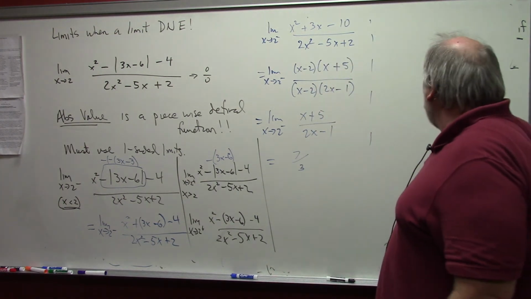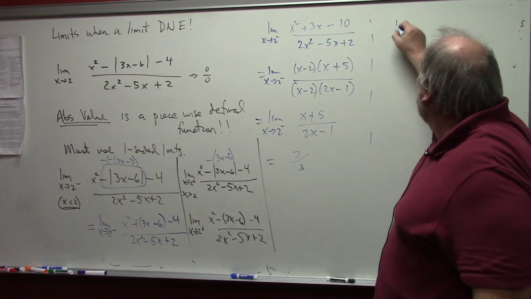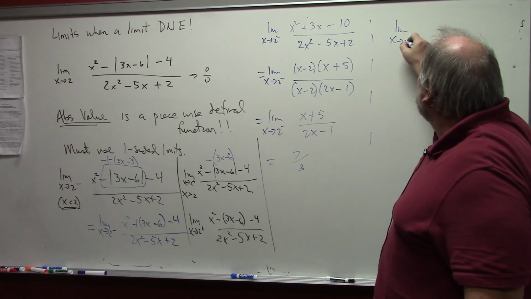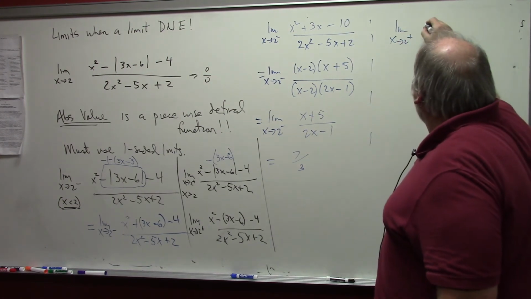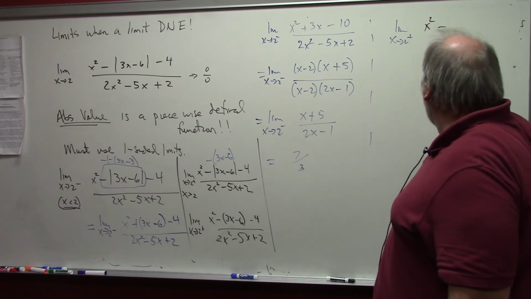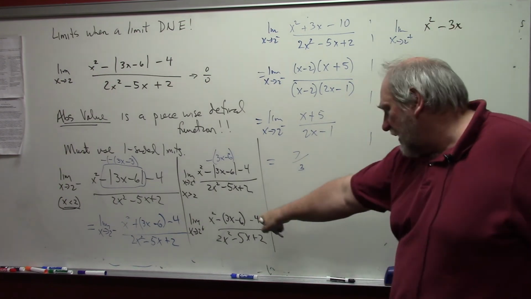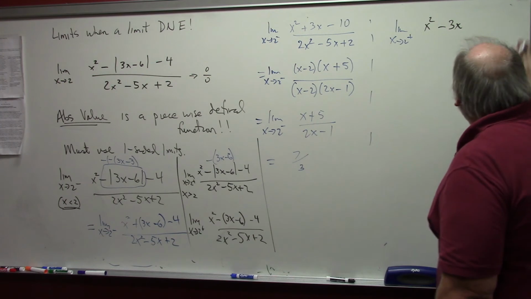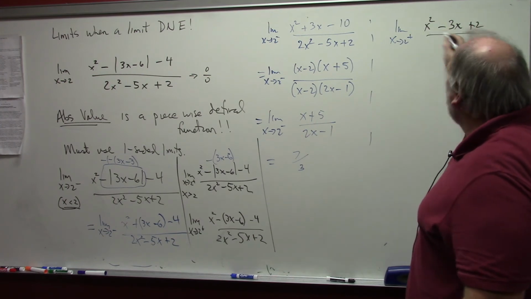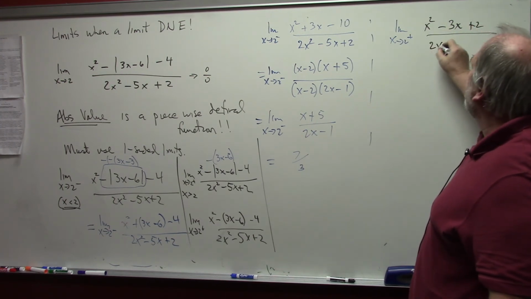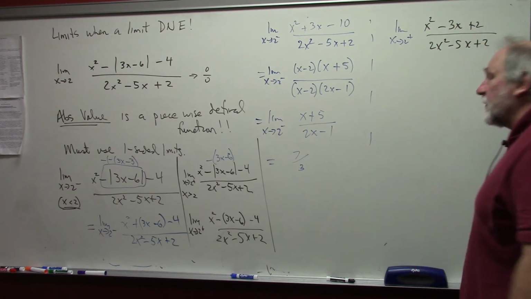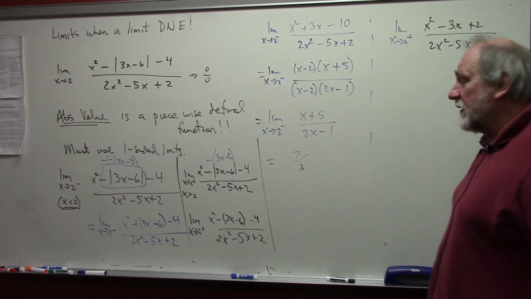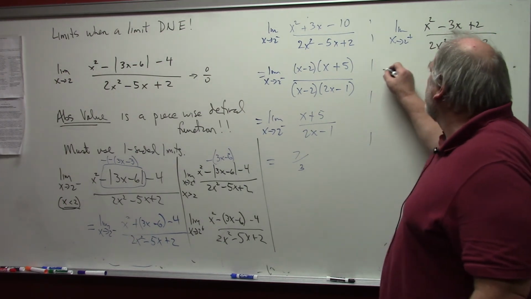Which then gives me the limit as x approaches 2 from the right of x squared minus 3x plus 6 minus 4, which is plus 2, over 2x squared minus 5x plus 2. And you can probably guess at this point that we are going to come up with different values here.